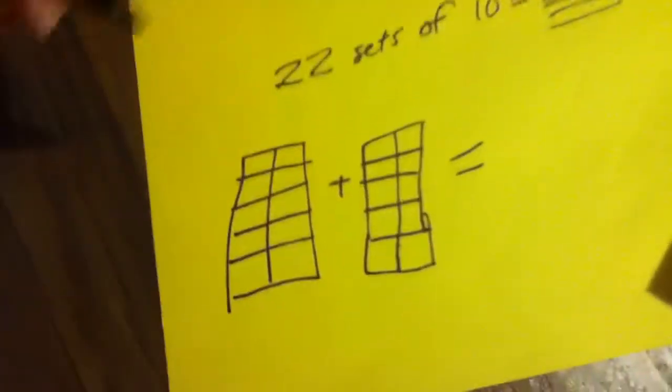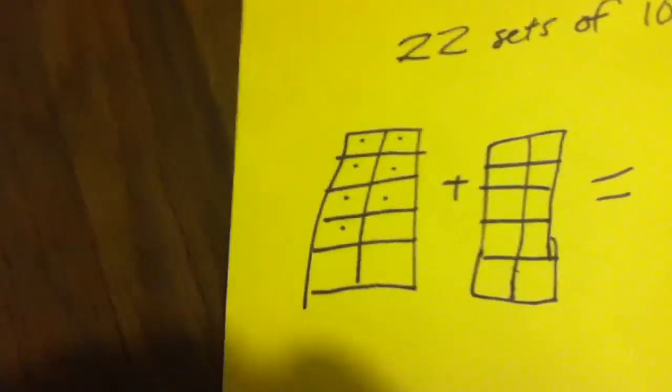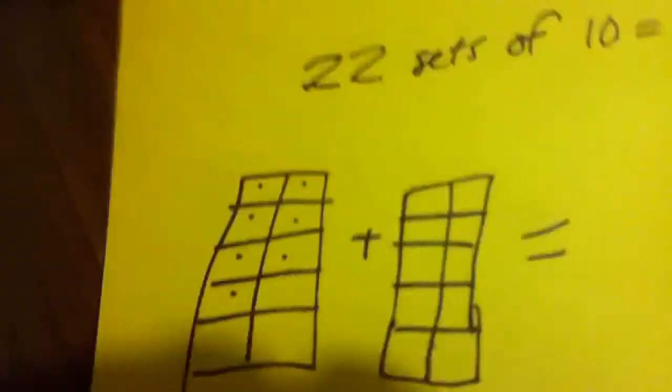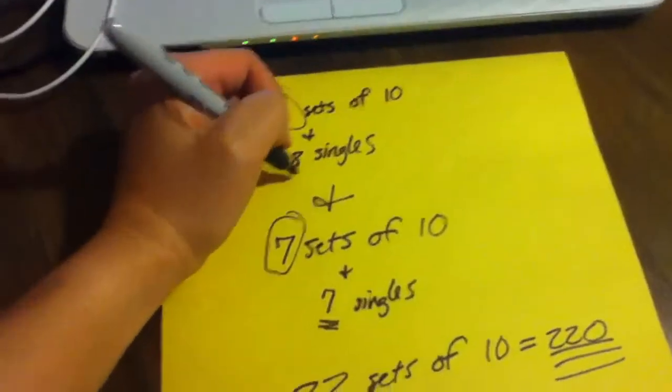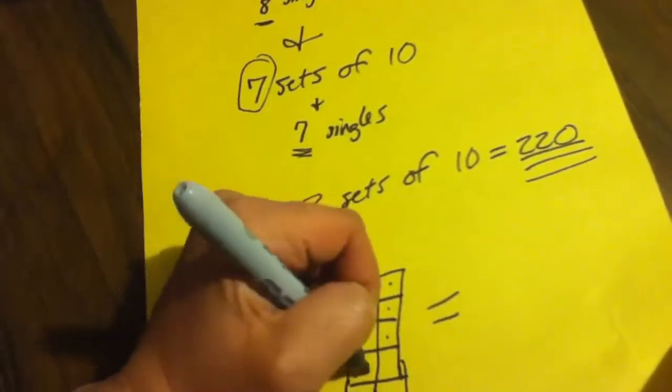So we're going to put 7 singles, 1, 2, 3, 4, 5, 6, 7 singles in one. And we're going to put our 8 singles in the other. 1, 2, 3, 4, 5, 6, 7, 8.